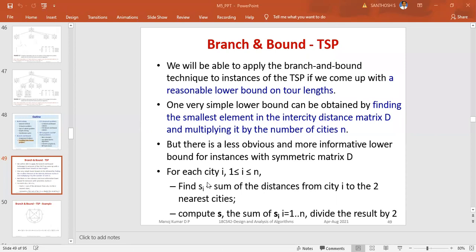So you have to compute two things: first find si, and second compute S. How do we find si? It is the sum with respect to a city: the sum of distances from city i to the two nearest cities. From one city to its two nearest cities, the sum of those distances will be si. Then compute S, the sum of si for i equals 1 to n, and divide the result by 2.